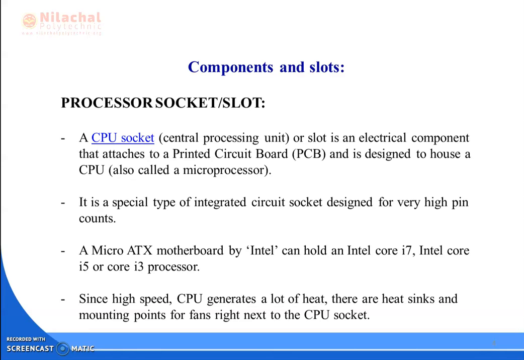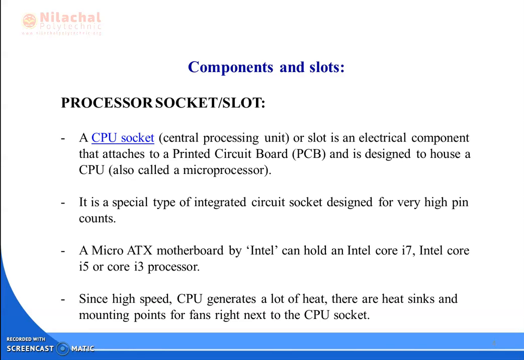It is a special type of integrated socket or slot which is designed for very high pin counts. A micro ATX motherboard by Intel can hold an Intel Core i7 processor, and can hold an Intel Core i5 processor. We will later discuss what Core i7 is and the differences between processors i7, i5 and i3. So all this is placed over the processor slot.